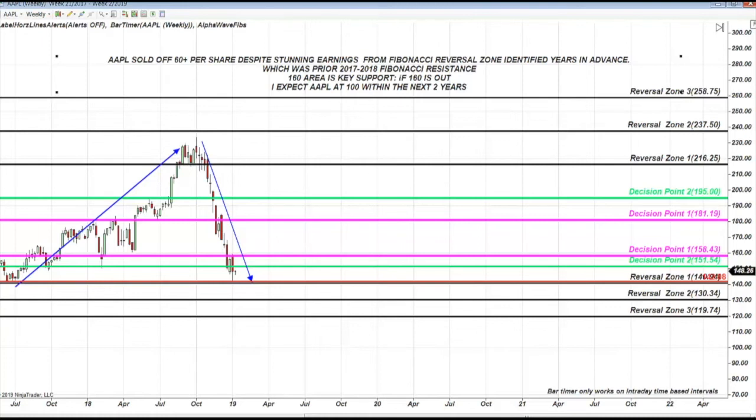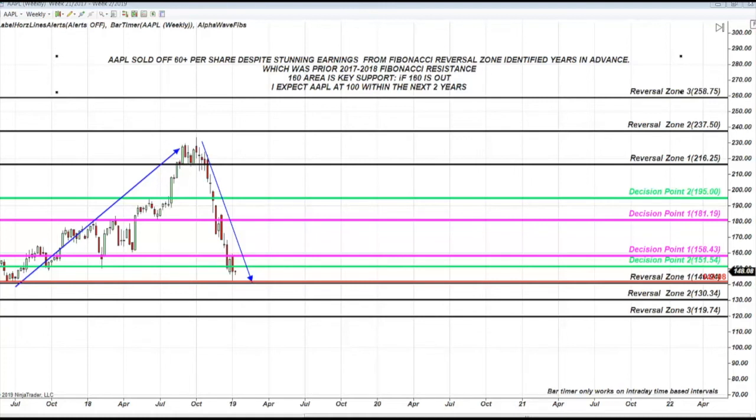What I show you every day and every time on every event before the event plays out: Fibonacci reversal zone, Fibonacci trend inception and trend reversal showing you clearly when to enter, when to exit the position, despite or before the earnings.